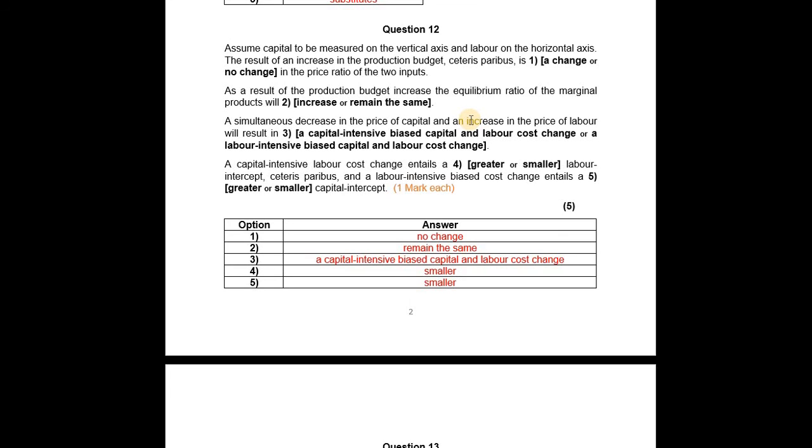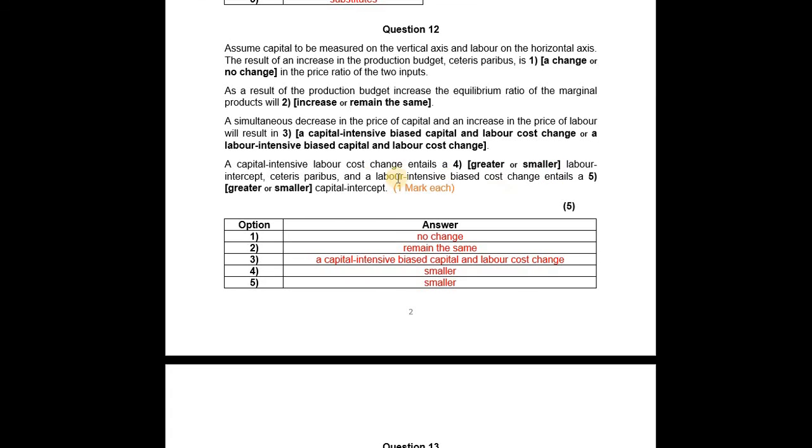you will shift from that. I said you employed 30 units of labor. You will shift from 30 maybe to 15, because now it became expensive for you to employ labor.